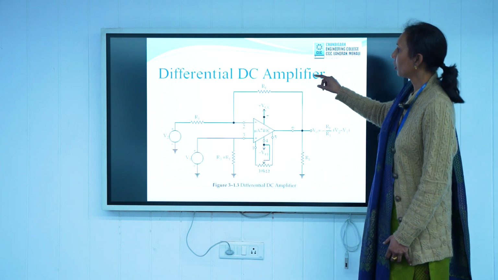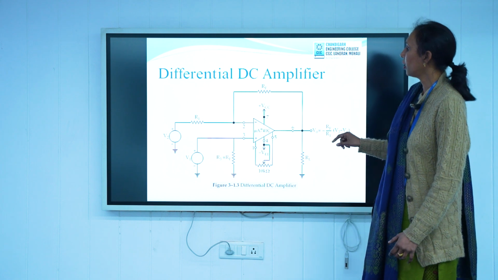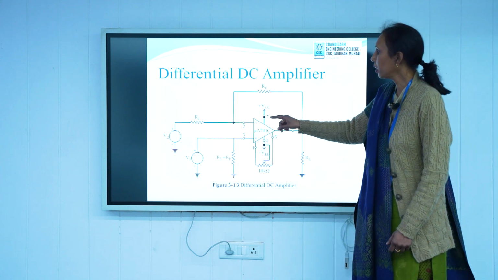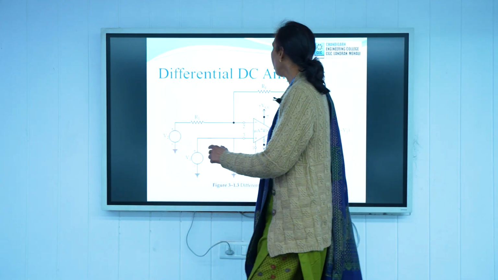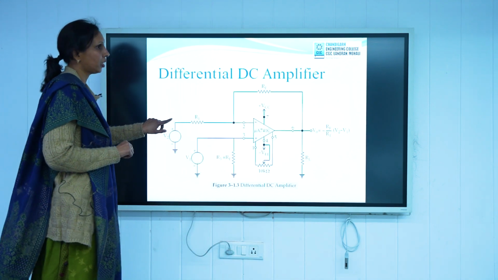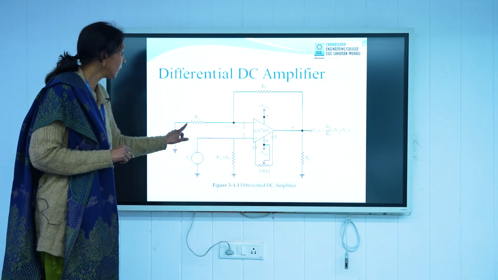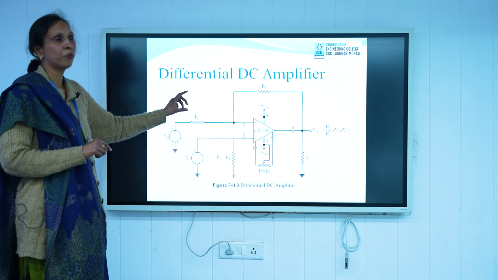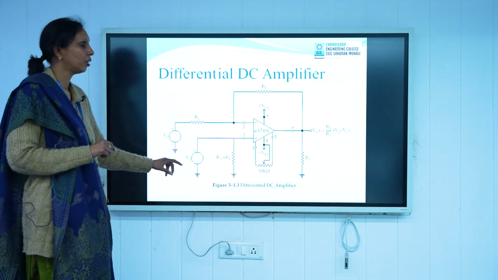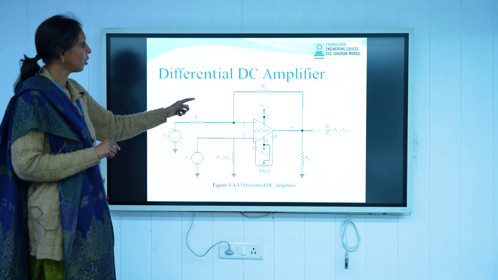Next, the third configuration is the differential DC amplifier. In the differential DC amplifier, we provide input to the inverting terminal as well as the non-inverting terminal. In the previous cases, we provided input only to the inverting terminal for the inverting configuration, and only to the non-inverting terminal for the non-inverting configuration.